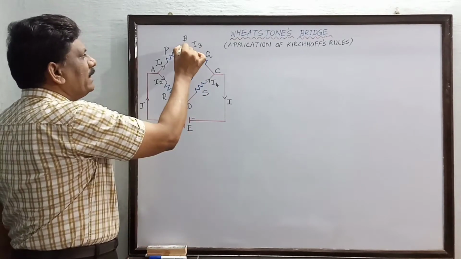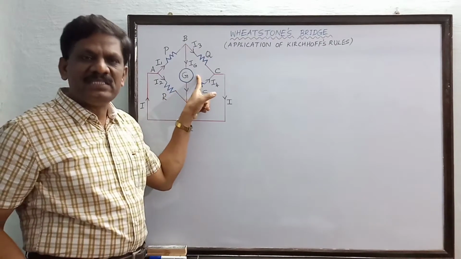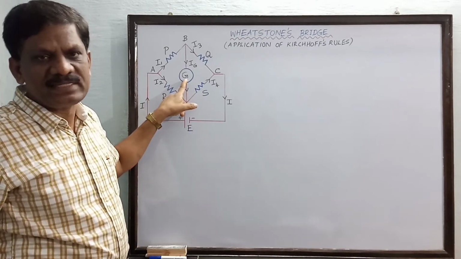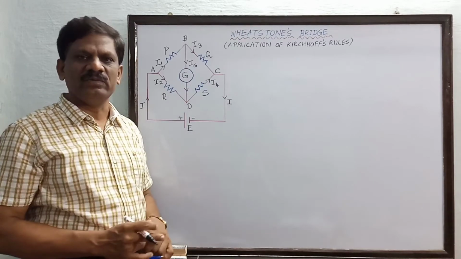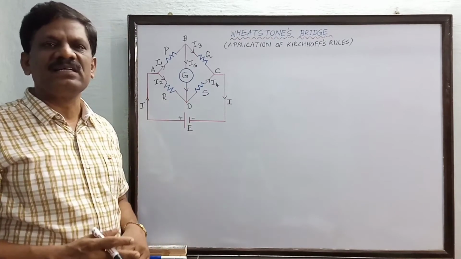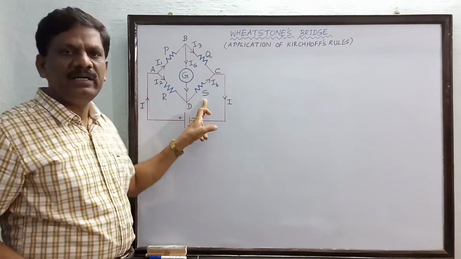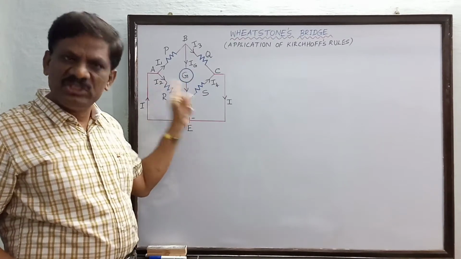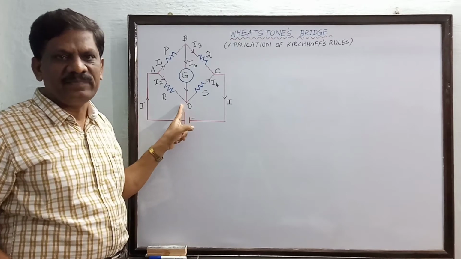Now between the points B and D, a moving coil galvanometer whose coil resistance is G ohm is connected. So this may be considered as the 5th resistance of the circuit. Already 4 resistors are on the 4 arms, P, Q, R and S. In addition to that, the resistance of the galvanometer G is connected between the points B and D.